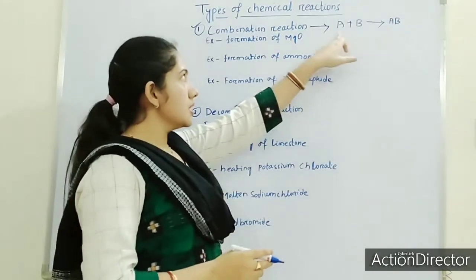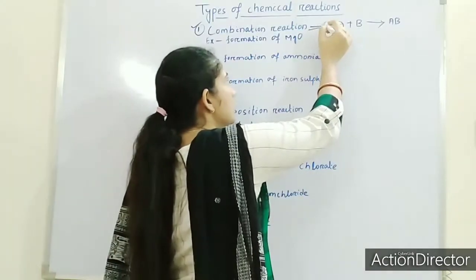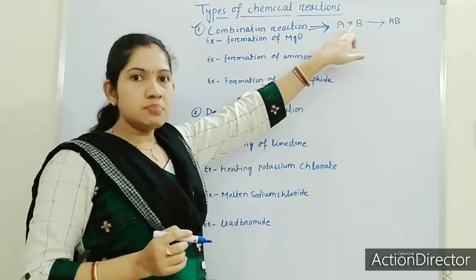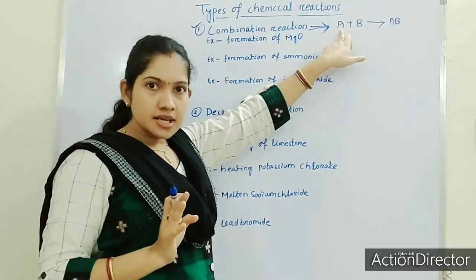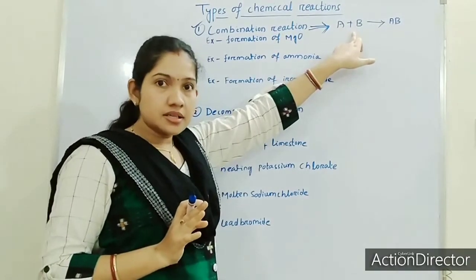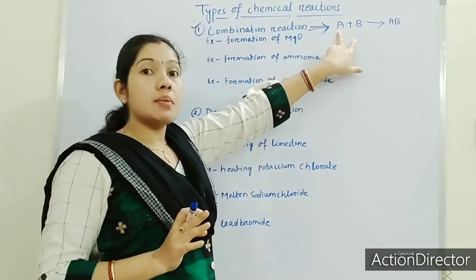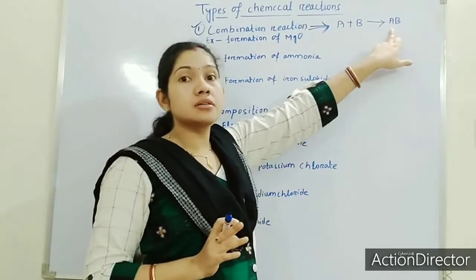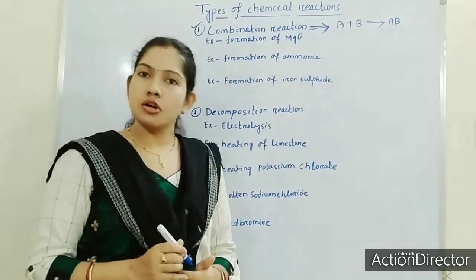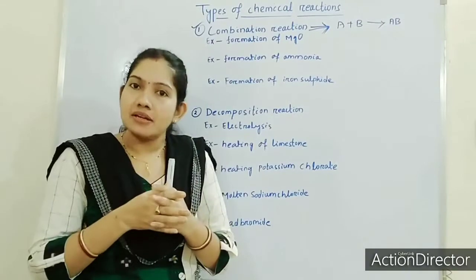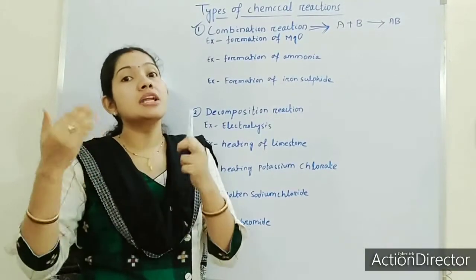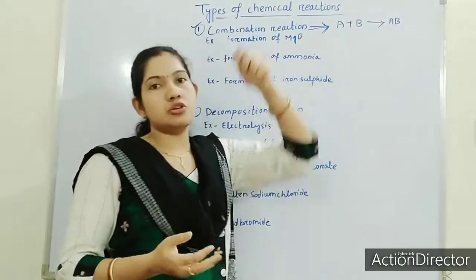Here A is a reactant and B is a reactant. Both reactants combine to form a new product. It is known as a combination reaction. Combination means to unite, to combine, but they form a new product. AB is a new product.